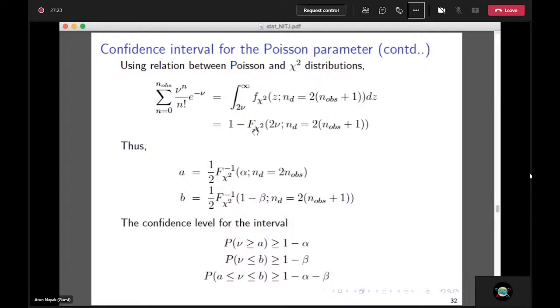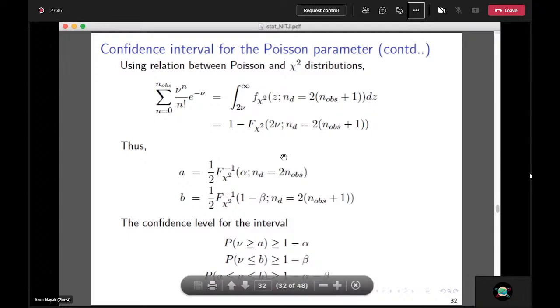Capital F is the cumulative distribution function for the chi-square distribution with this number of degrees of freedom. Okay, and then from there one can obtain A and B, the intervals, by inverting the CDF of the chi-square distribution, or it's called the quantile of the chi-square distribution.